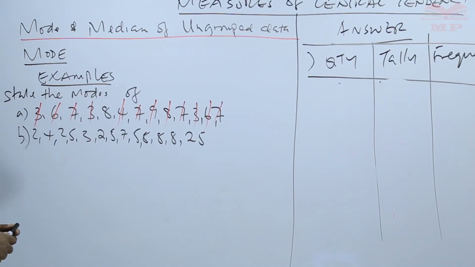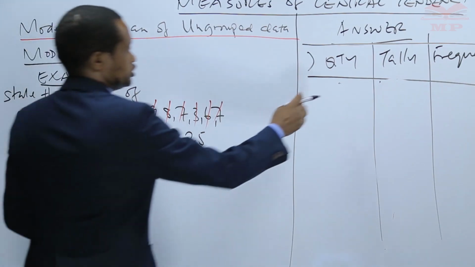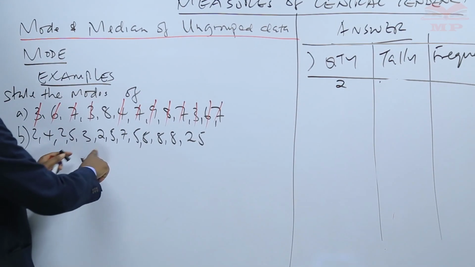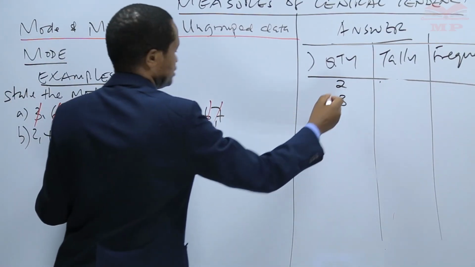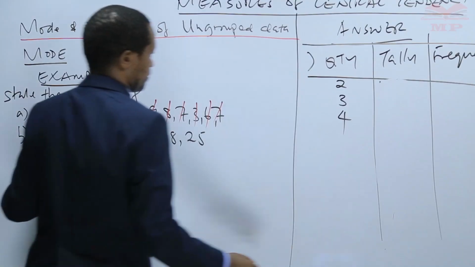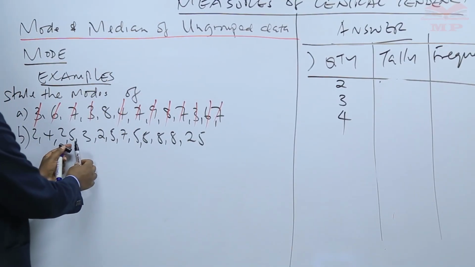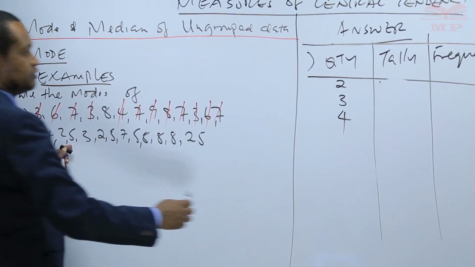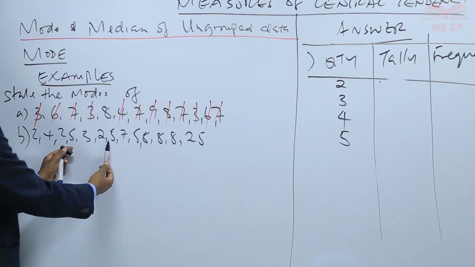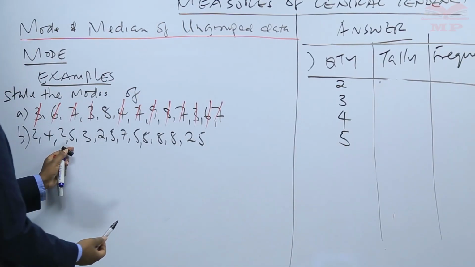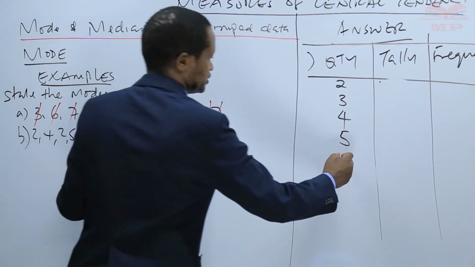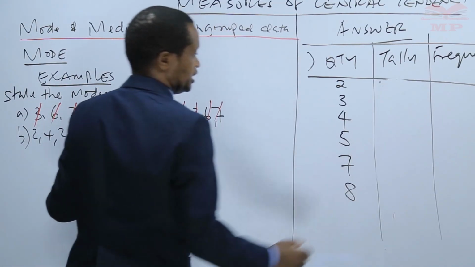So we have 2, then we have 3, followed by 4, 5. Do you have 6? Do you have 7? Yes, 7 and 8.